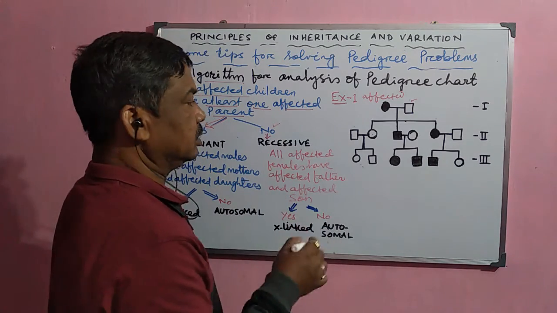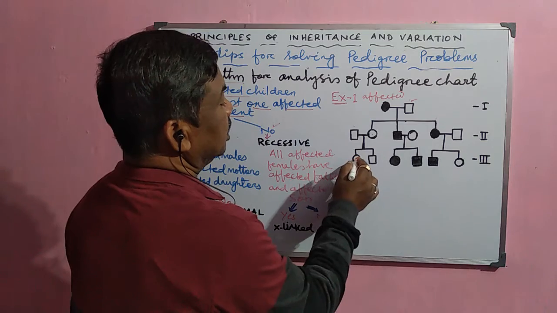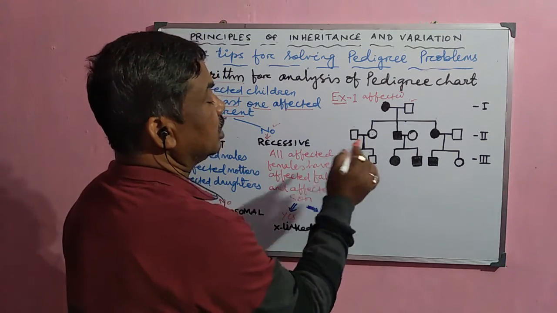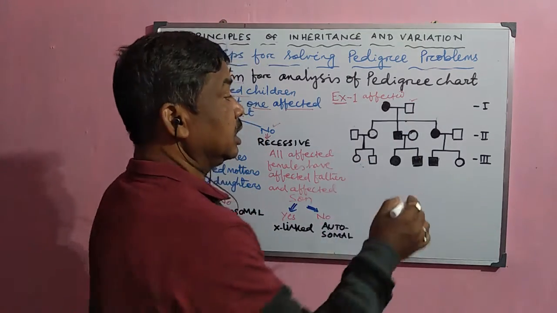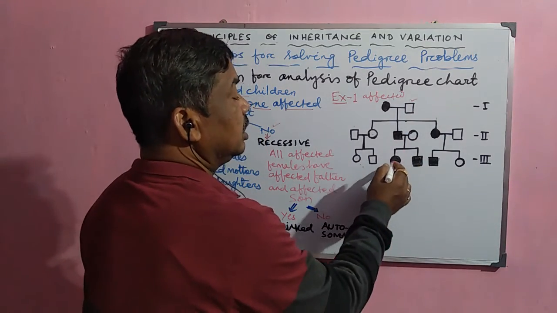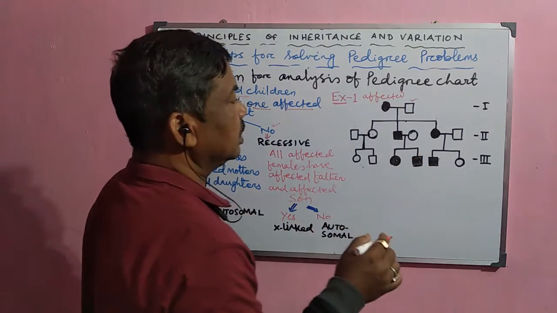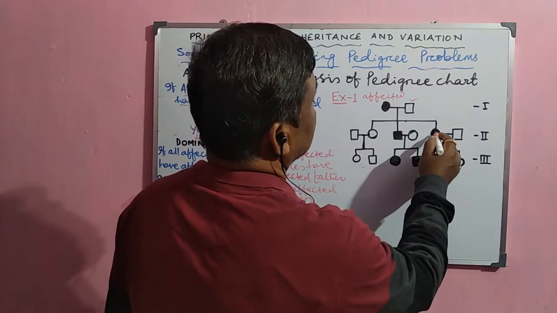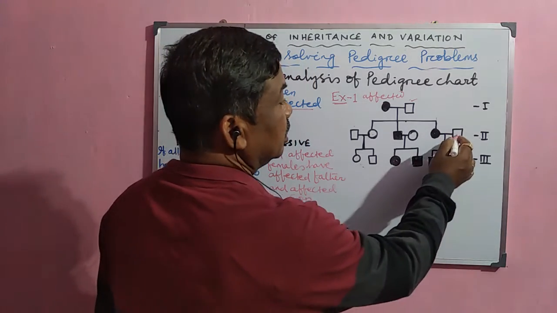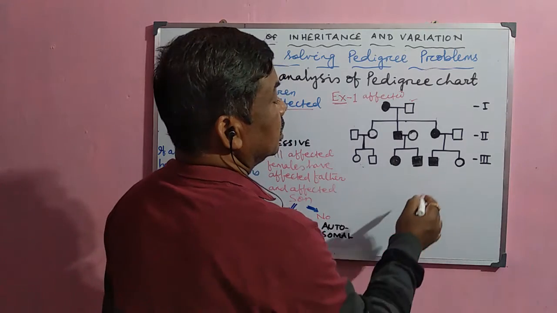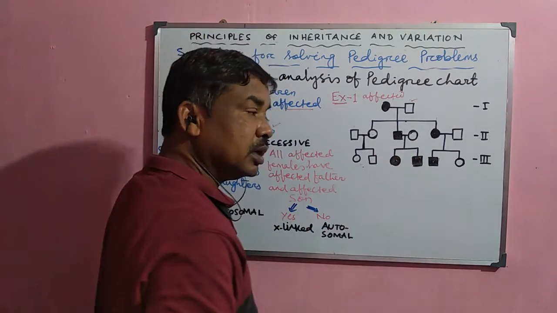In the third generation, this couple has 2 children and both are normal. Here the male is affected and the female is normal, and both children, male and female, are affected. Here the female is affected and she is married to a normal male; one male child is affected and the female is normal.